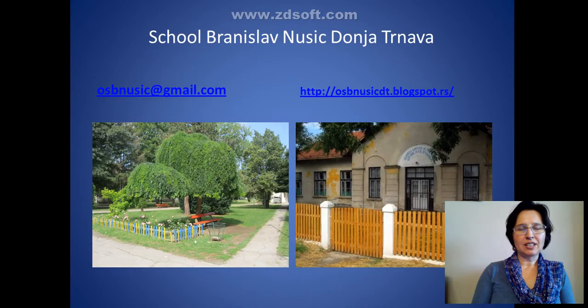And after that, this is another school that we compare data from these two different schoolyards. This is school Branislav Nušić from Donja Trnava. It's close to Niš, but not exactly in the same place.